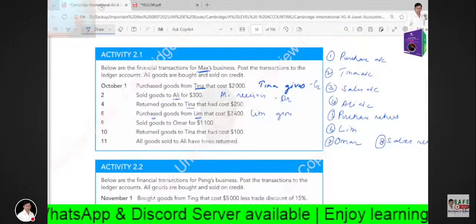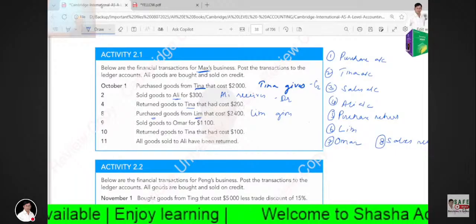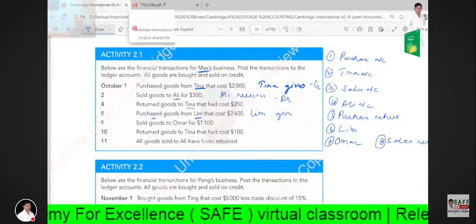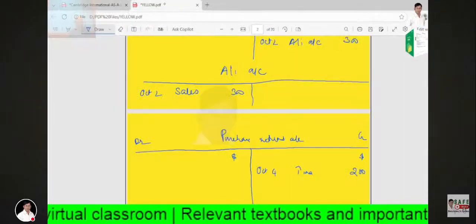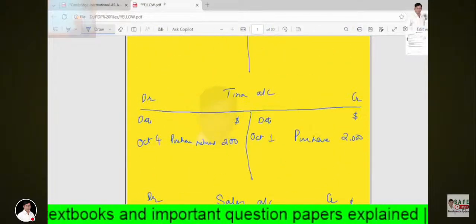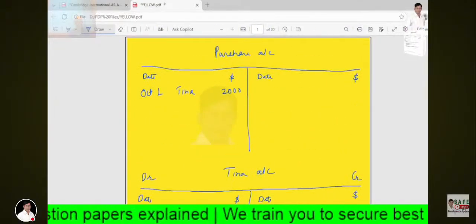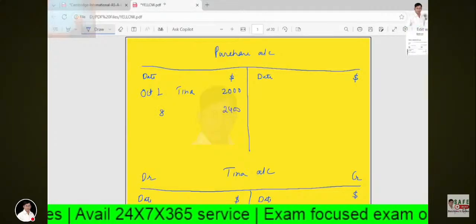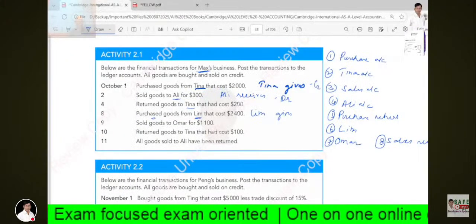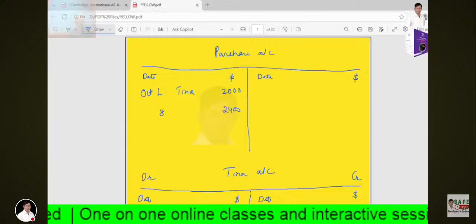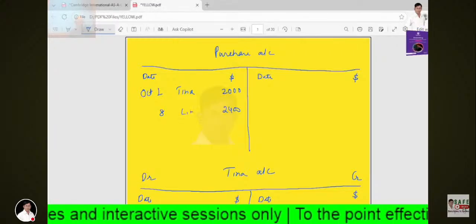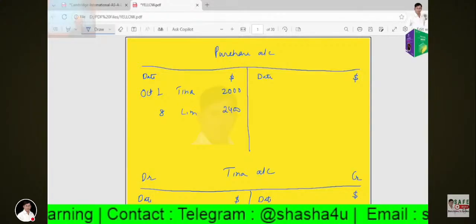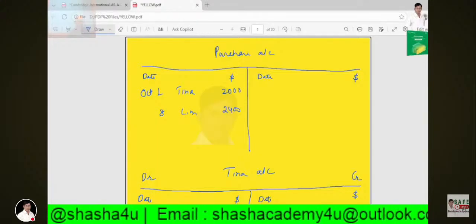What date? Date is very important. 8th. From whom? From Lim. So purchase account is debited with a credit to Lim, and Lim account will be credited.